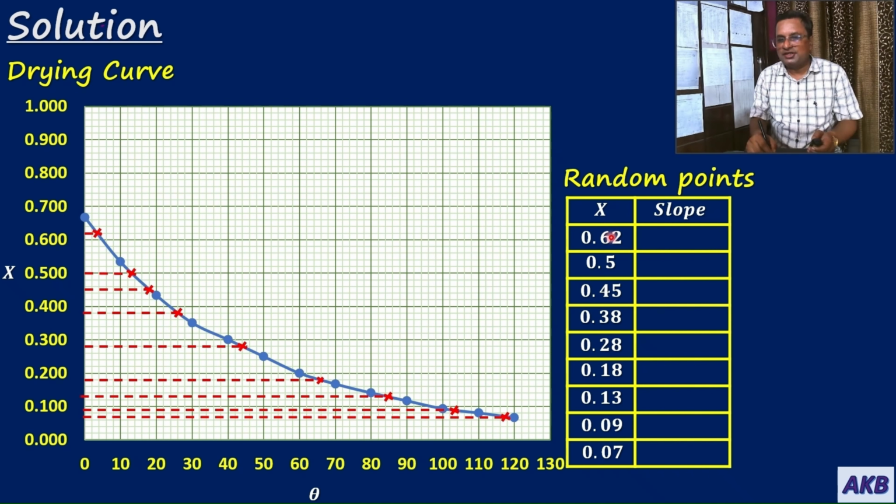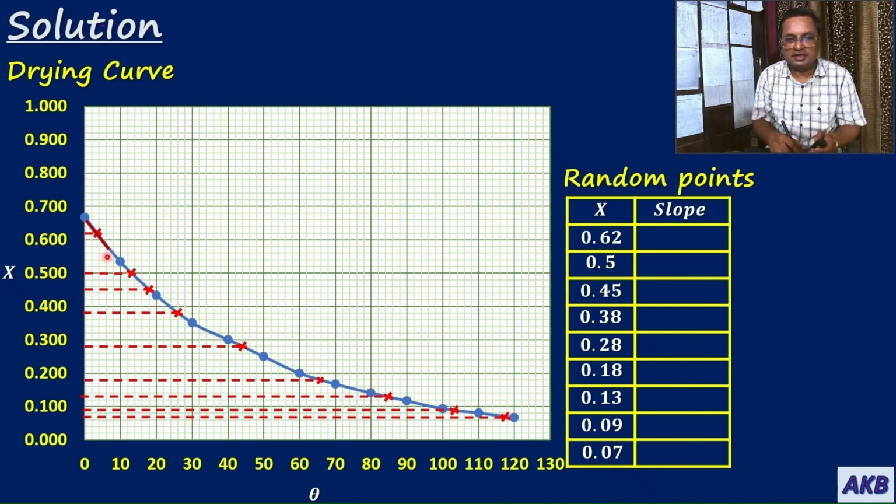Then we will draw a tangent at each of the points and then find out the slope of those tangents. So first I will draw a tangent over here. Now let us find the slope of this tangent, and then we will note the slope over here. On this tangent that I have drawn at this point, I will select 2 points.